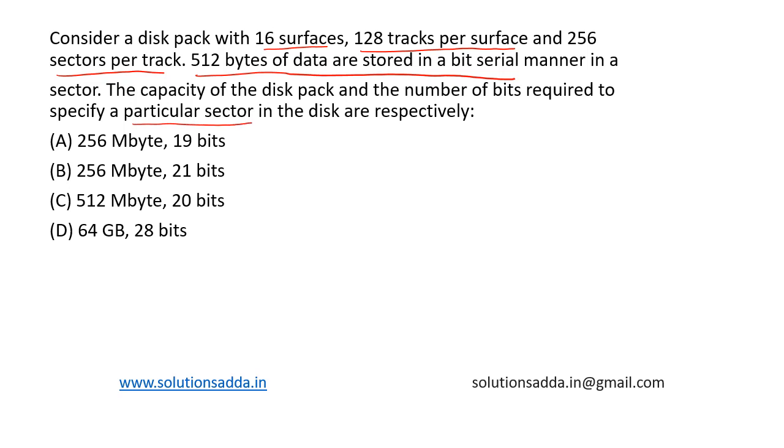So to find the total capacity of the disk, we have to perform the following. We have 16 surfaces, that is 2 to the power 4, and in each surface we have 128 tracks, that is 2 to the power 7, and in each track we have 256 sectors, that is 2 to the power of 8, and within each sector we have 512 bytes, that is 2 to the power of 9.